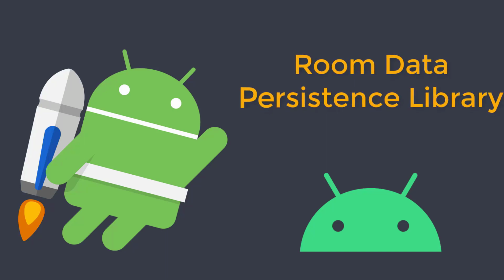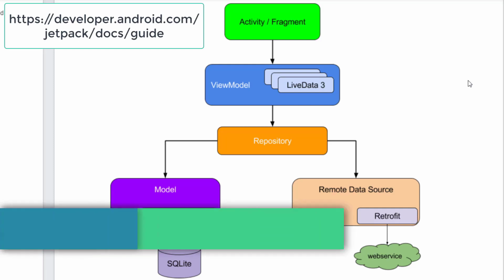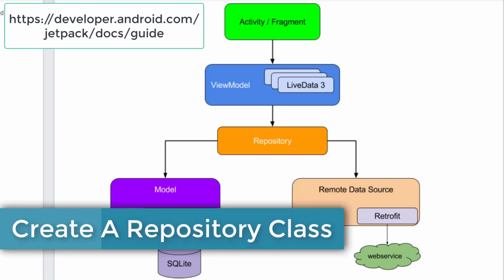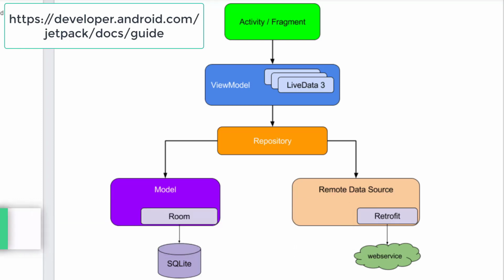For this project, we are going to follow MVVM architecture. MVVM is the best architecture recommended for Android development by Google. MVVM stands for Model, View, and ViewModel. Model means all data management related components. Model has local database related components, remote data source related components, and a repository.